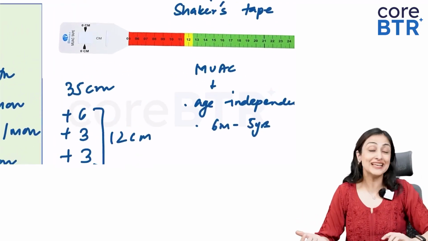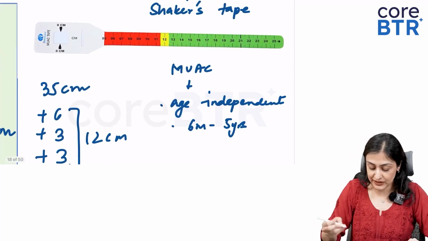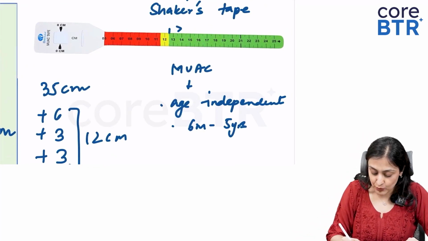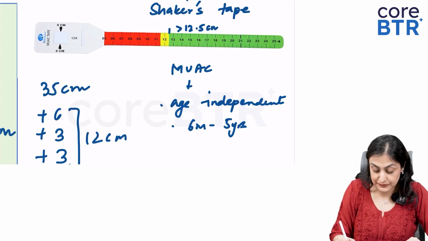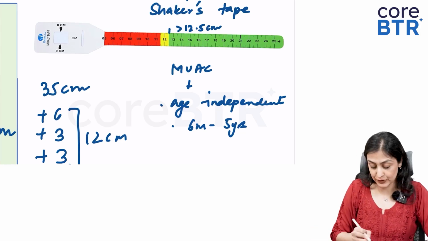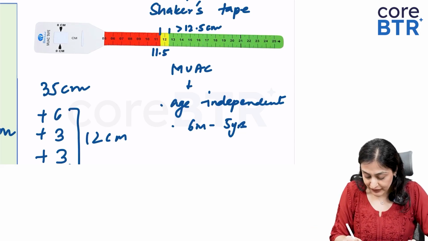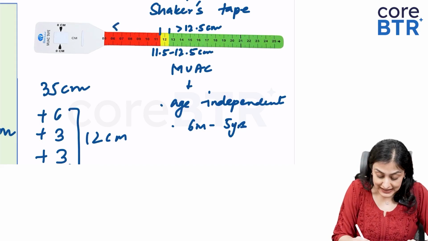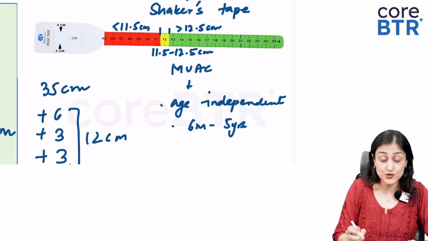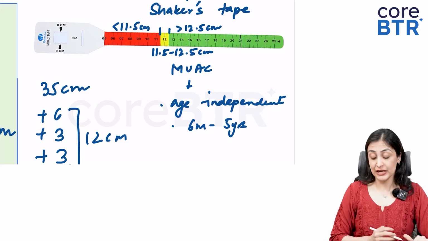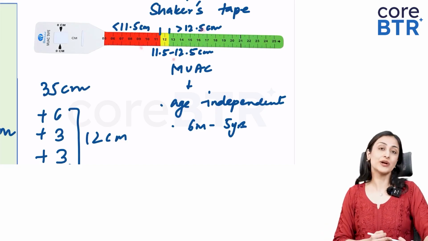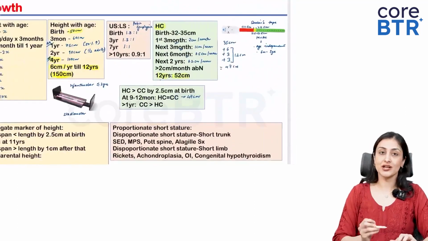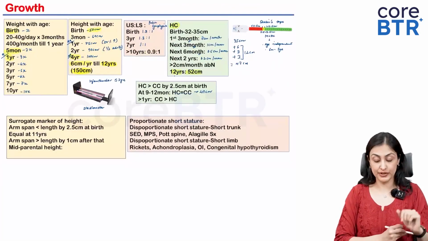So this becomes very convenient because it's age independent. Anything more than 12.5 centimeter is healthy, no malnutrition. 11.5 to 12.5 is malnutrition, and less than 11.5 is red, so that's severe malnutrition, right? It's color coded so that you can triage as well. So this is Shakir's tape for mid-upper arm circumference.